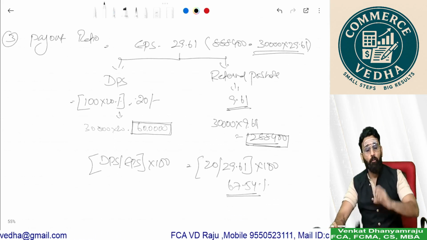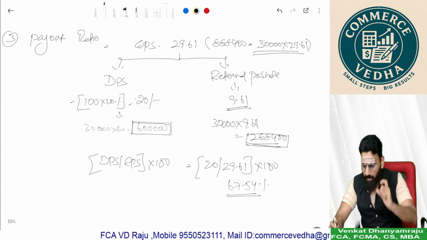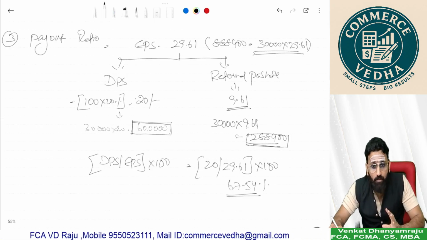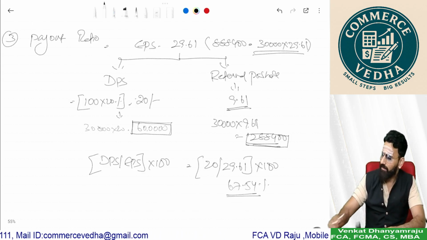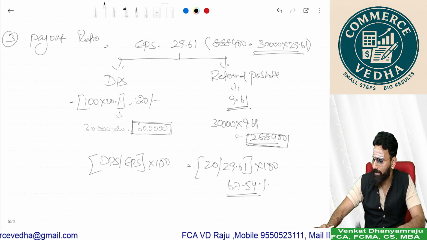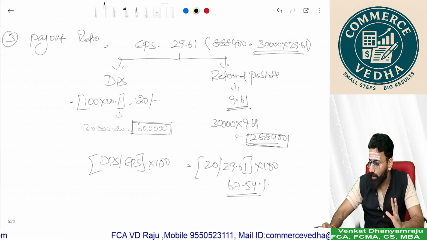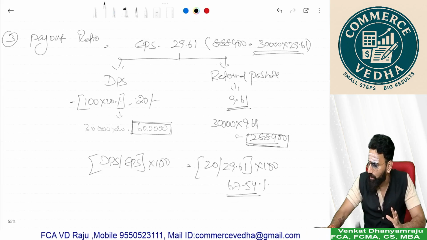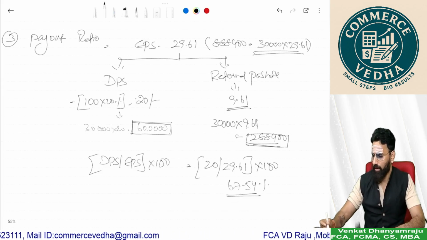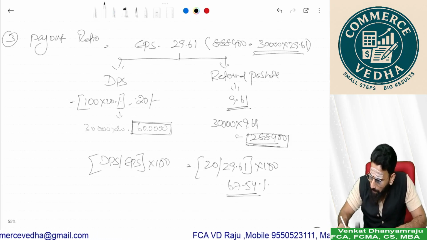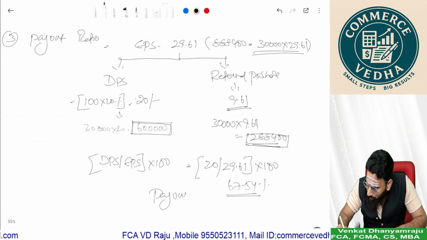It means for every 100 rupees I earn, I am paying back 67.54% as dividend. In this case, I earned 29.61, but I paid only 20. So 20 by 29.61 is 67.54%, which is my payout ratio.